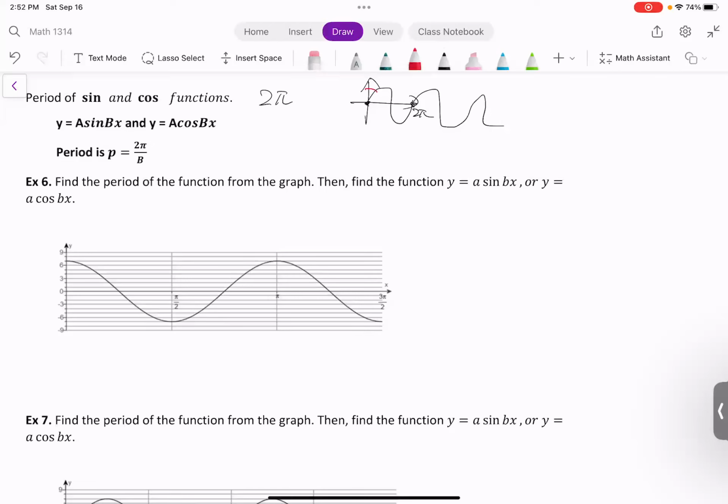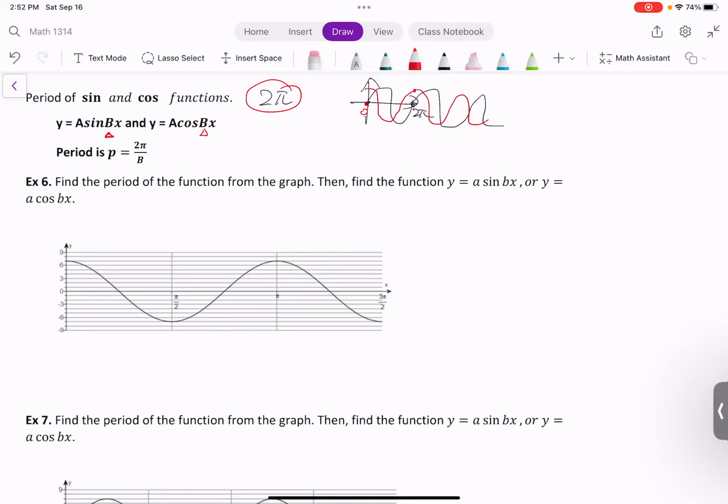And for the cosine, it's still from 0 to 2 pi. After that, I'm having the graph like this. So remember that for sine and cosine, the period is 2 pi. But sometimes you will see sine bx and cosine bx, where there is a b.